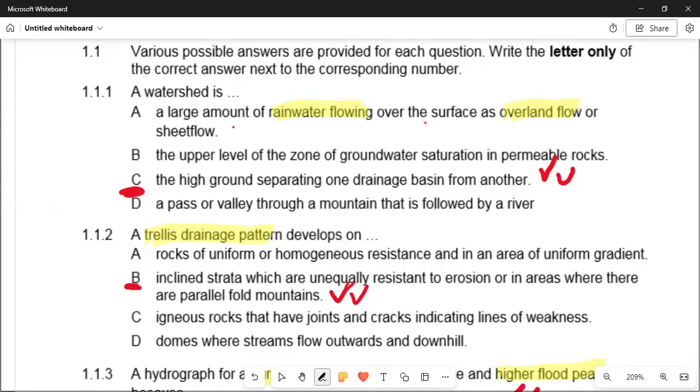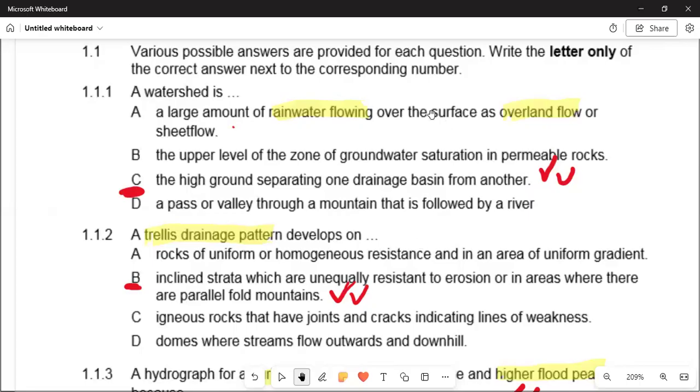If there is unequal resistance in the rocks, one side can be more resistant than the other, which leads to unequal erosion along the parallel folds. When there is unequal erosion, the strata will not be formed equally on both sides. So that is number B, and you get your 2 marks.